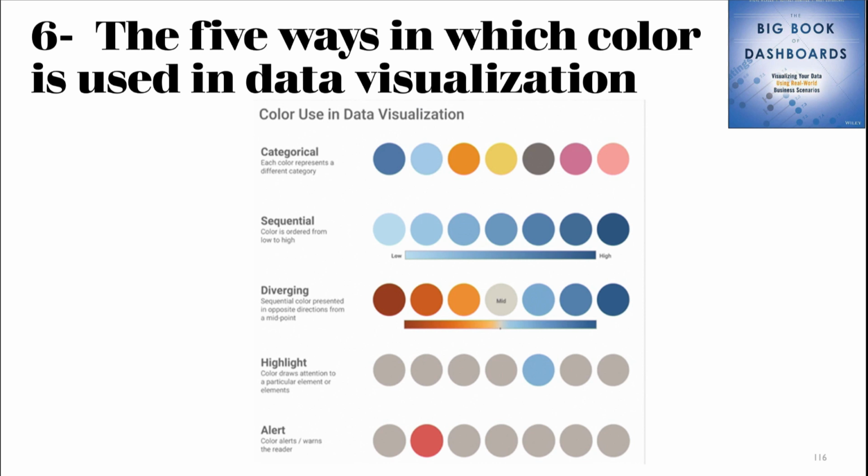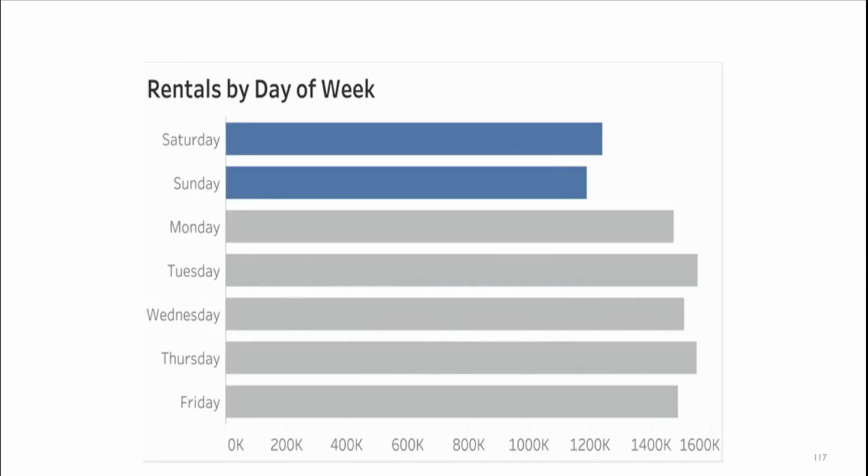Now, there are five ways in which color is used in data visualization: categorizing, sequential, diverging, highlight, or alert. Those are the most known ways. Now, I'll give another example from my students. I split them into two groups and give one group this chart and ask them, what do you see here about rentals by day of week?